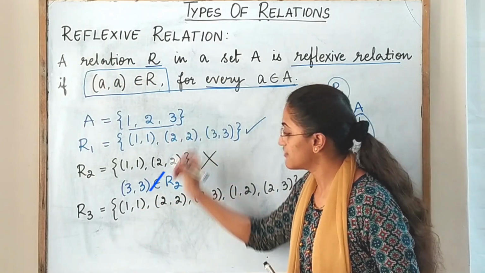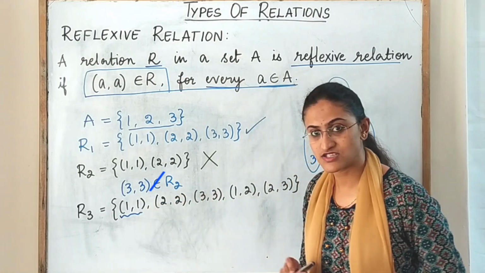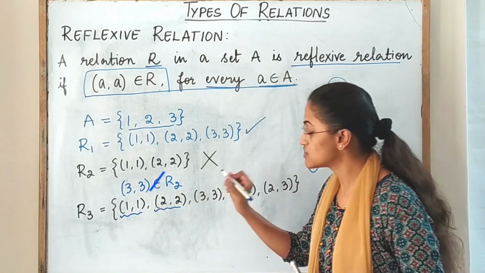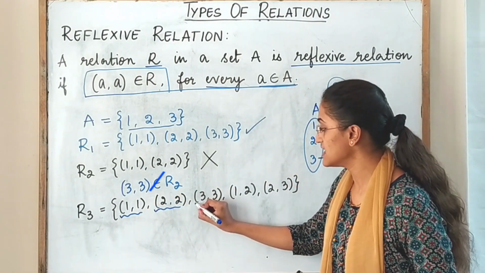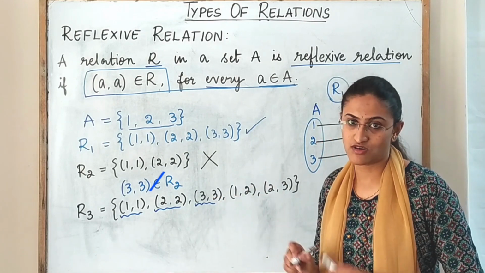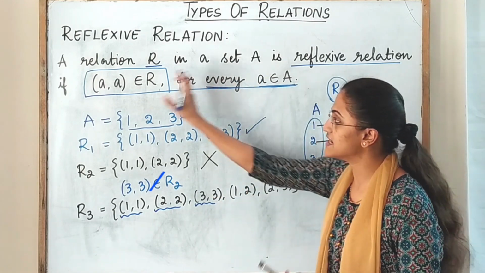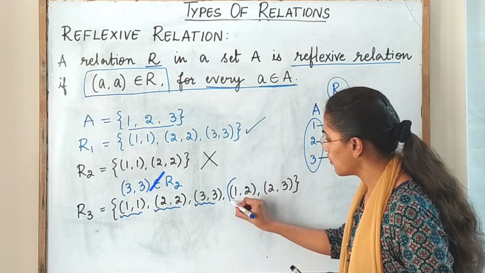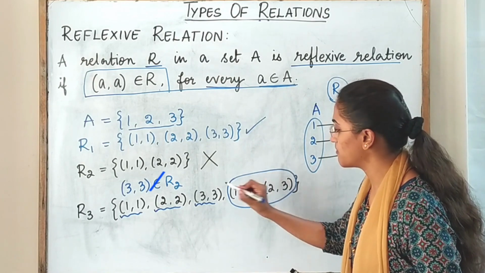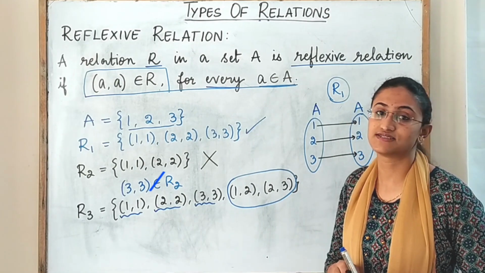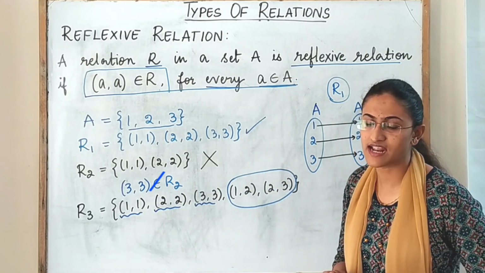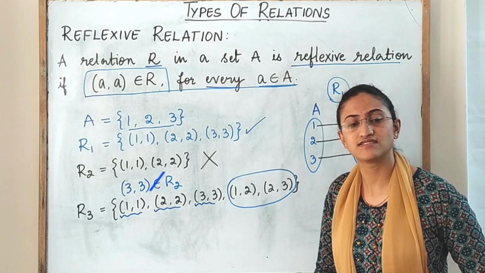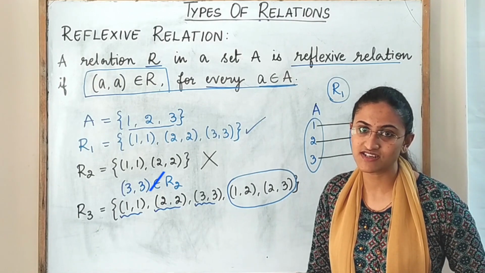Now, as per the definition, (1, 1) belongs to R3, (2, 2) also belongs to R3, (3, 3) also belongs to R3. Hence, all the conditions of the definition are complete. But again, (1, 2) and (2, 3) are the extra elements that we are having in the relation R3. Now, can you consider this as the reflexive relation?